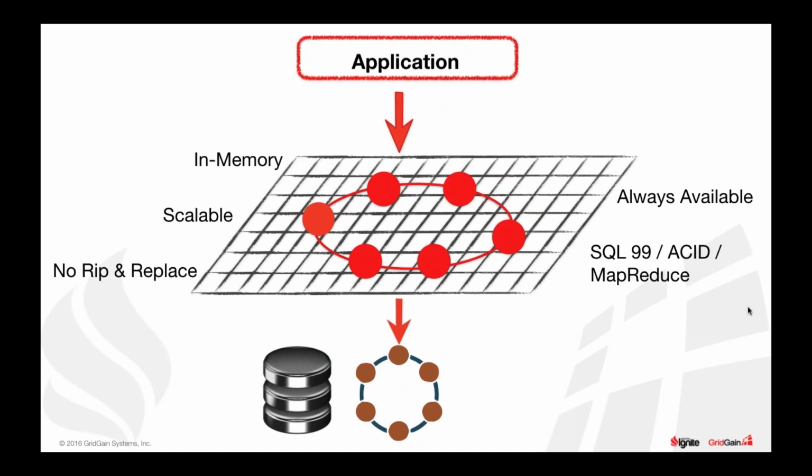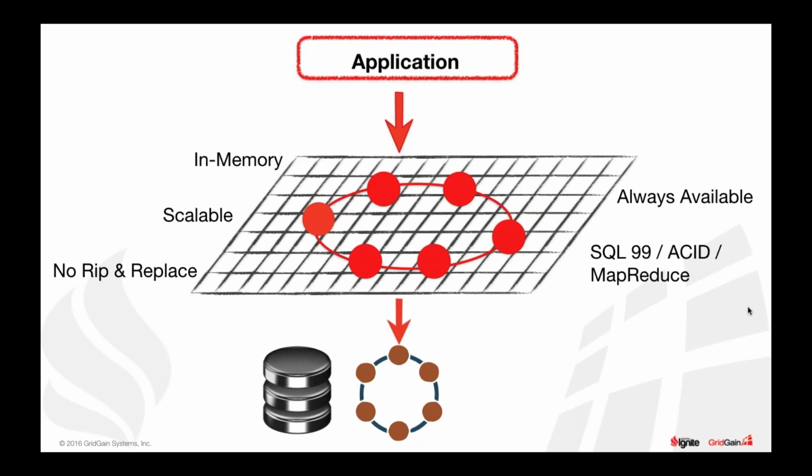You can even use it as a stepping stone. I have a number of clients that will implement GridGain Enterprise, and then over time slowly move away from using their current database. Maybe it's a relational database or NoSQL database.